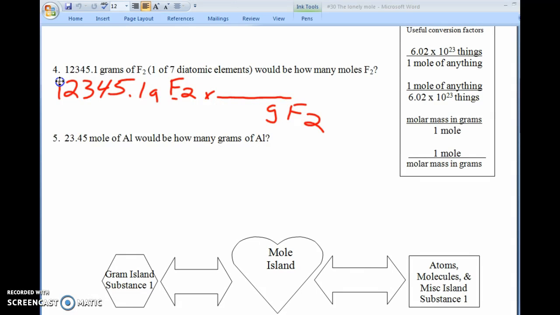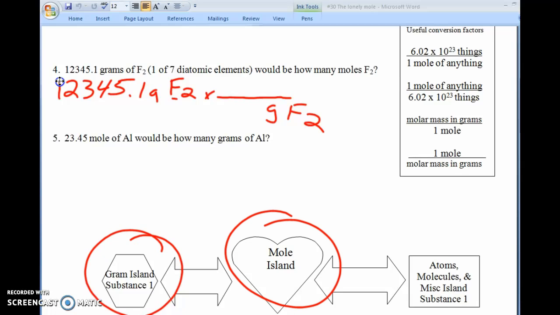We do have a bridge called the grams per mole bridge, so we can go between grams and moles using this bridge right here. So we can put moles of F2 right there. This bridge, again, is grams per mole. And to get that, you go to the periodic table.